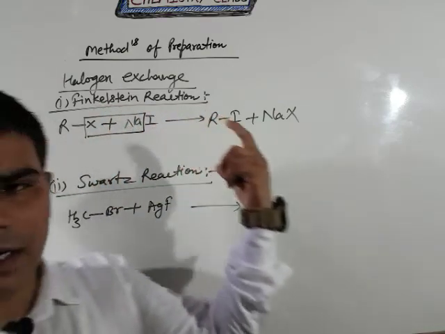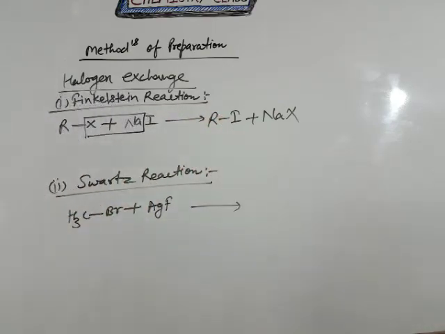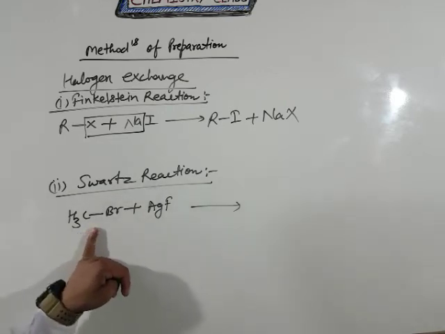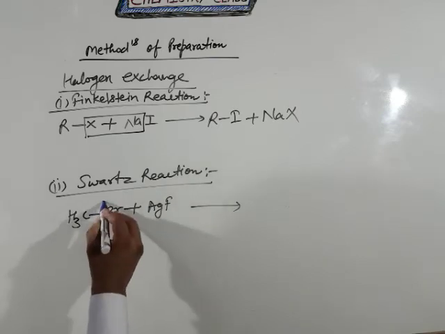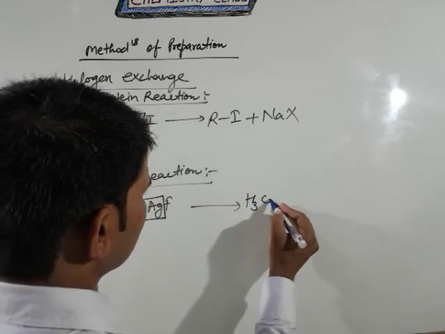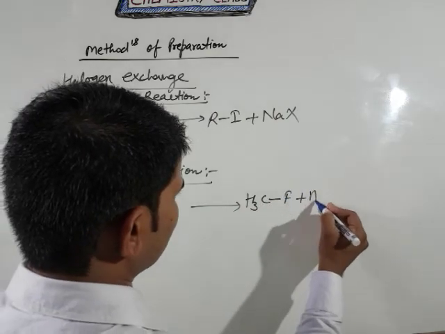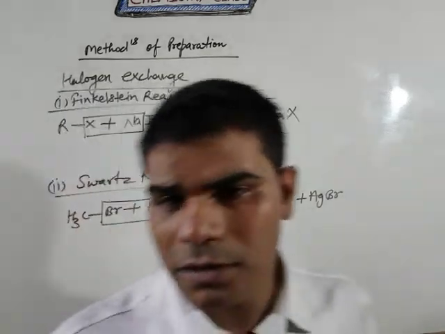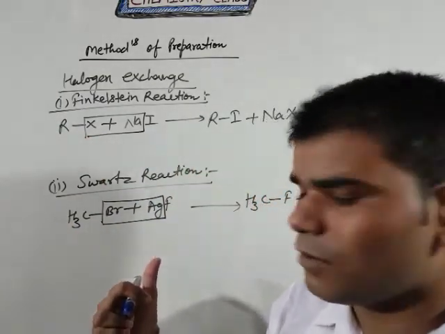But in the Swarts reaction, if we take the example of alkyl halide reacting with silver fluoride, it will give CH3-F plus AgBr. Students, remember one thing, these types of reactions are also known as name reactions.